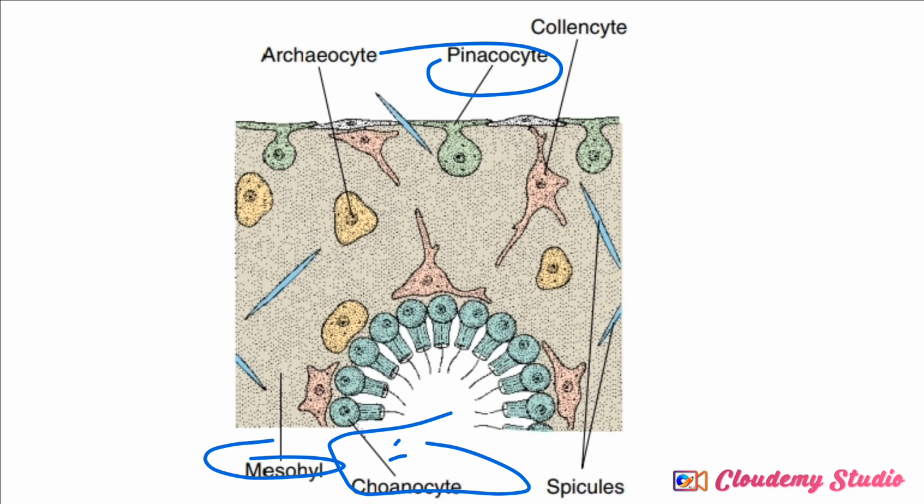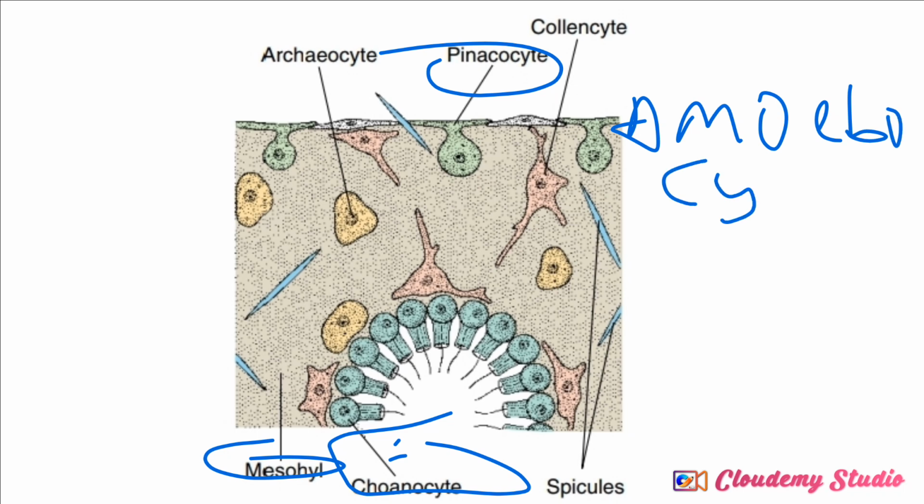Amoebocyte is called jack of all trades, and it is also called wandering cells, something that wanders around. You understand? Because it performs almost all the functions inside the animal. So it is one of the most important cells in the body of a sponge.